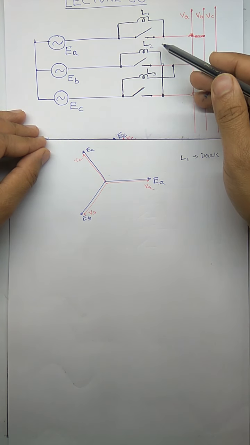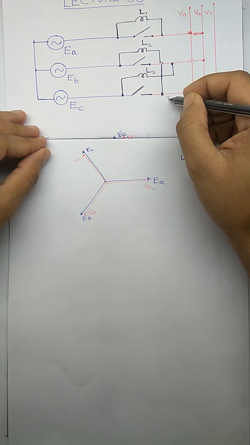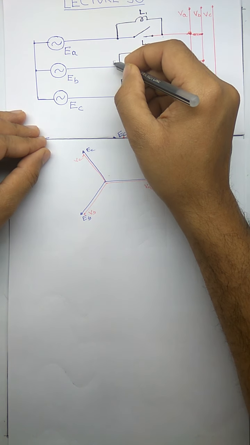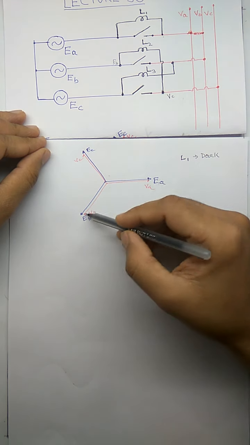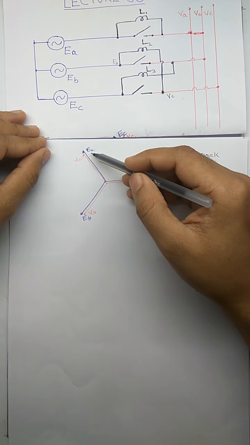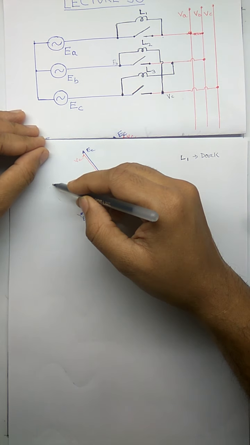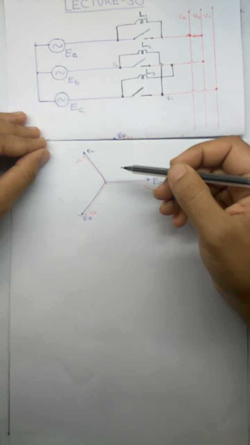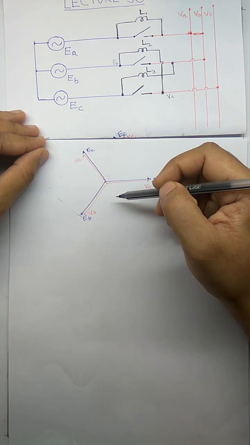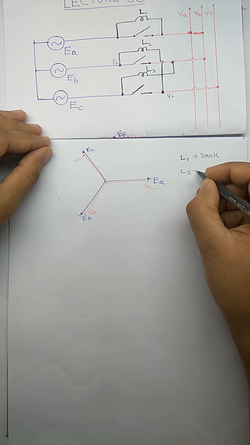Lamp L2 is connected between EB and VC. You can see this is VC and this is EB. You see here EB is along this line, VC is along this line. So there exists a voltage difference between them. What is the voltage? It is nothing but the difference of these two, which is like this. So though the voltages are the same in magnitude, they have a phase difference, for which this lamp L2 will glow. We will write it as L2 is bright.